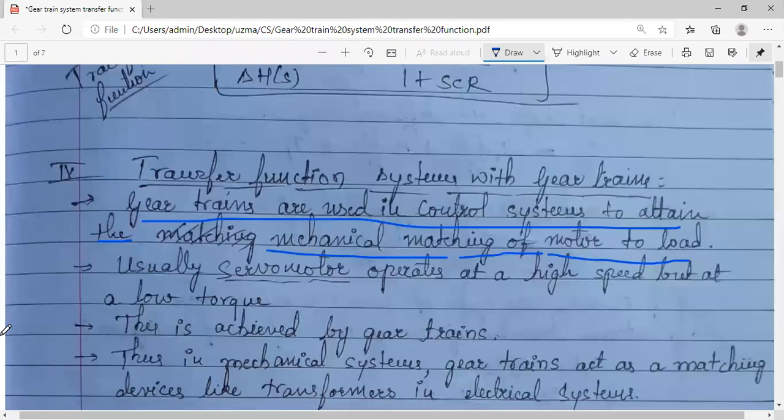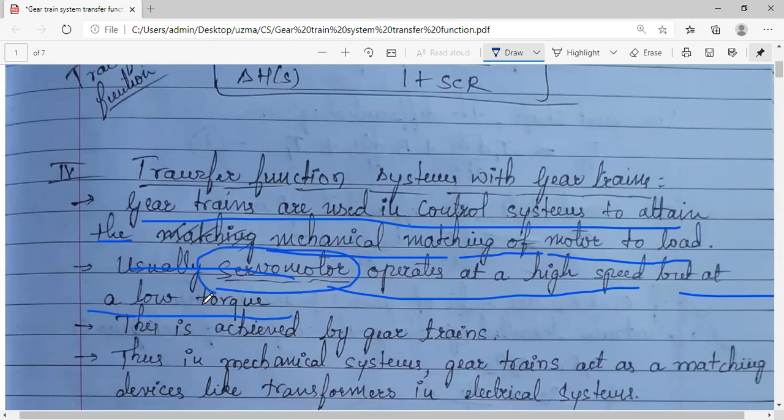In electrical systems, you might have studied the transformer. The same work is done by these gear trains here. Usually, a servo motor operates at a high speed but with a lower torque. This is about the servo mechanism, what we have seen in automatic controls. The servo motor operates at a higher speed but with a lower torque.